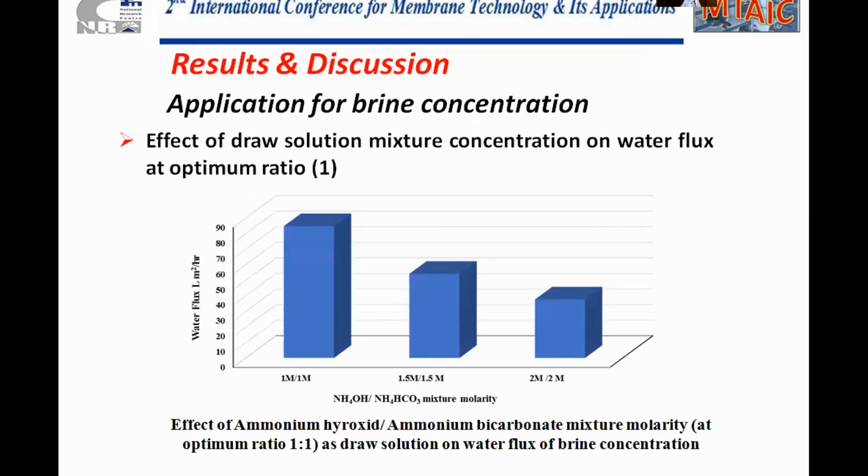Also, this figure represents the effect of the solution concentration on water flux at the optimum ratio. As represented in this figure, the flux decreases with increasing concentration. This is due to two factors.